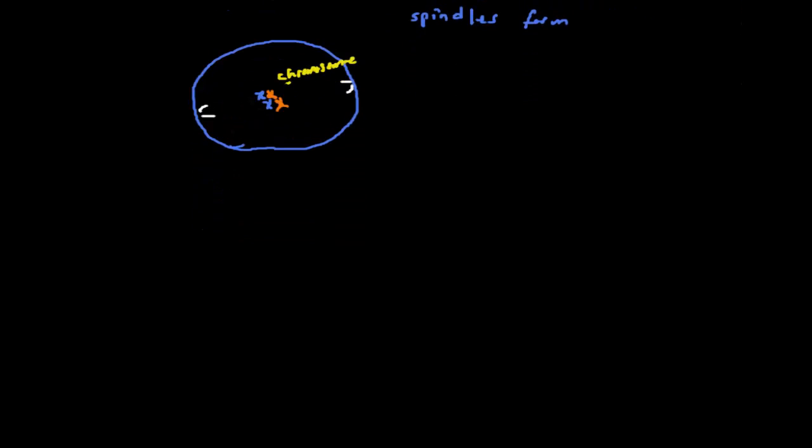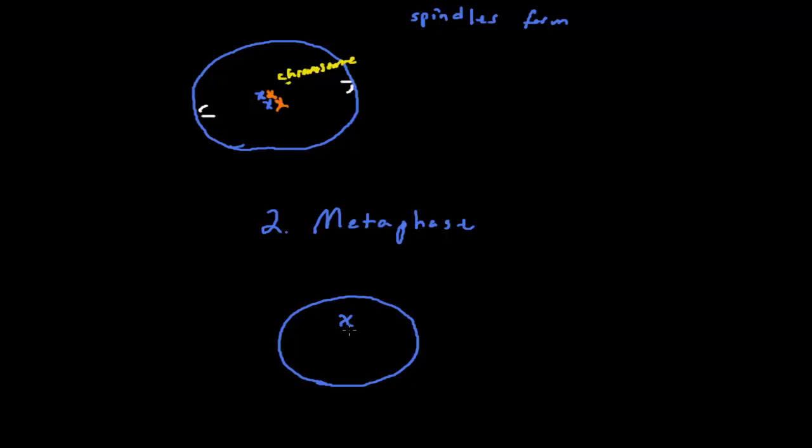After prophase, the cell enters the next phase, number 2, which is called metaphase. Remember my chromosomes are floating right out here in the middle. During metaphase, they sort of line up in the center of the cell, like so.